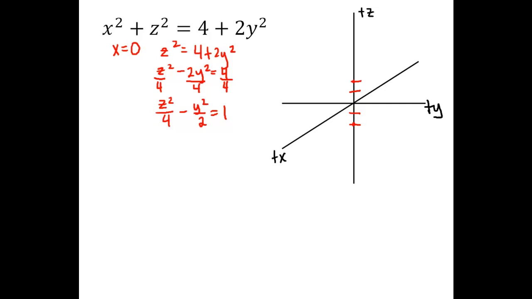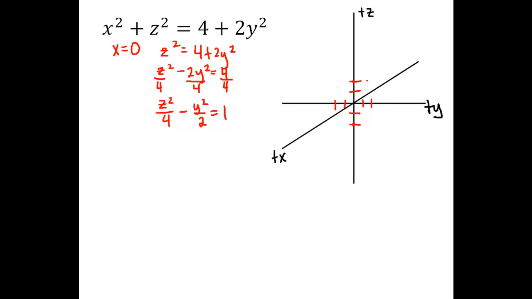And then when I think about how wide or narrow this hyperbola is, I want to look at the ratio of the square roots of the denominators on the z and y terms. So if I think about the square root of the denominator on the y term, I get square root of 2, about 1.4. And so I'm just going to put a little point here to help me draw in the asymptote.